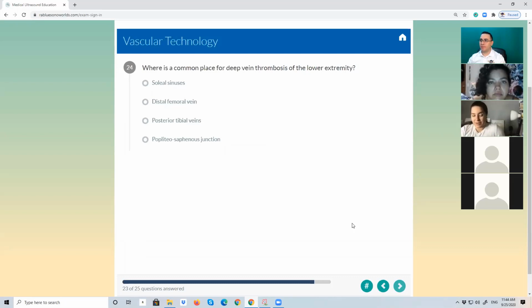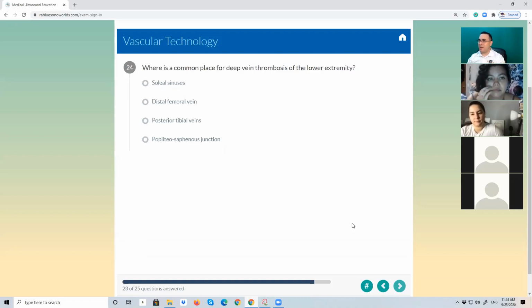That's one, but the most common one are the soleal sinuses. I don't know how it's most common when they don't even talk about it. It's not well known. Chances of propagation are not that high, and that's why they don't give high importance to the soleal sinuses. But that's the most common place for deep vein thrombosis.